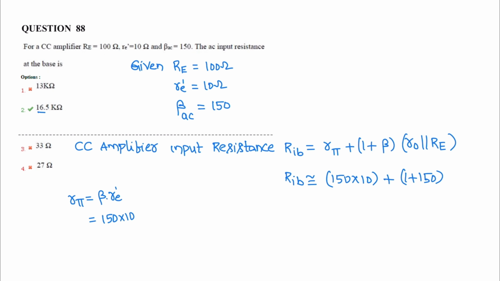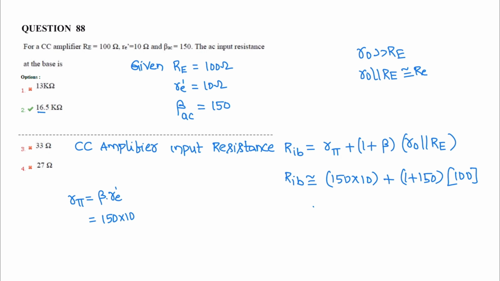Generally small r naught is far greater than re, that is r naught parallel to capital RE is approximately equal to RE. Keep it as RE. RE, the emitter resistor, is 100 ohms.